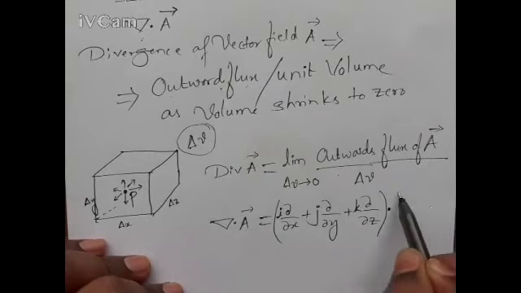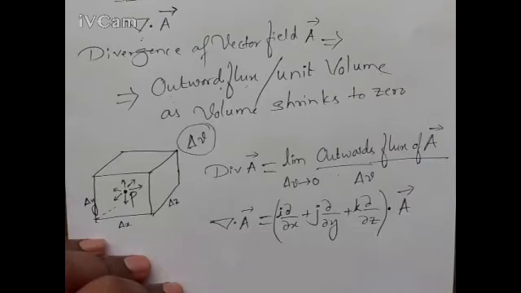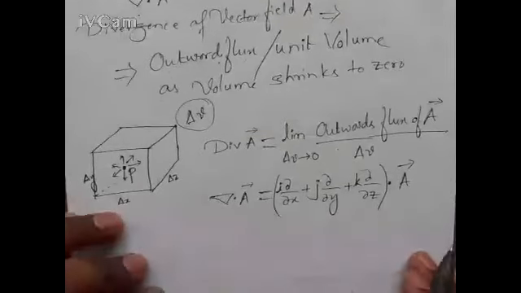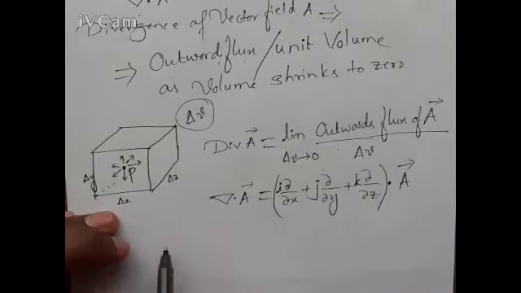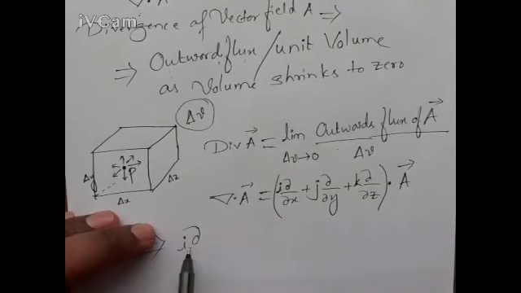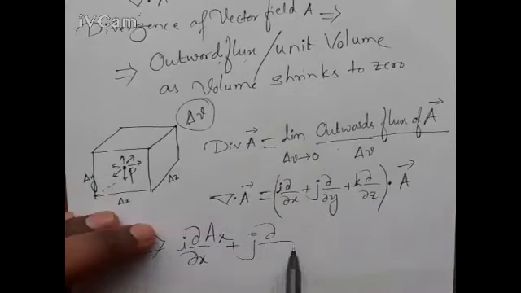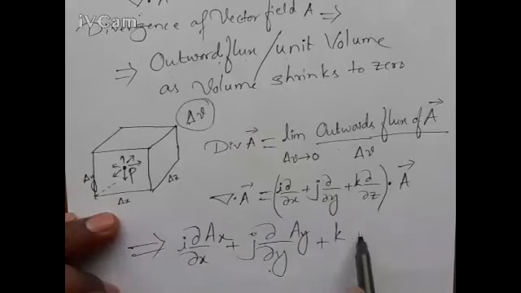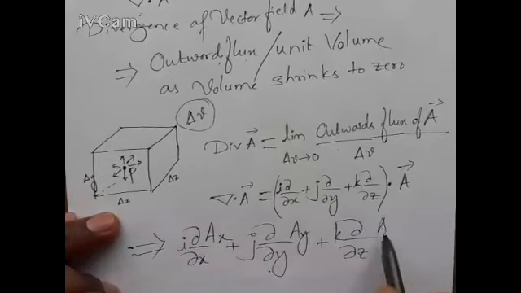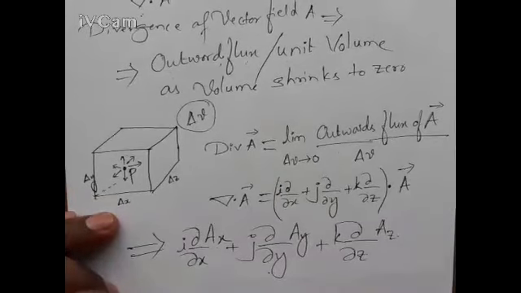Vector A can be written in three components. That can be written as dou by dou x of Ax, this is the x component of this vector, plus dou by dou y of Ay, the y component, plus dou by dou z of Az, the z component.